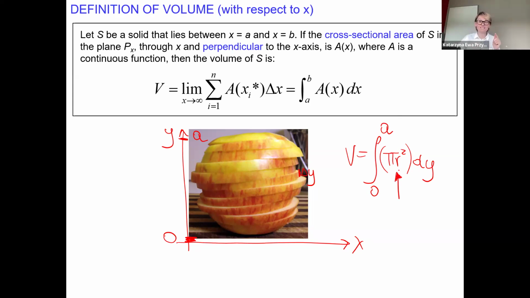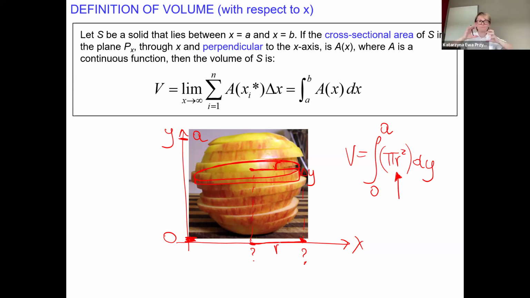But what is important is that the formula for the area of the circle we have to rewrite in terms of y, because everything has to be in y. If this is a circle, I don't know if I can draw it. It's like a circle. That means we will need that radius r, from this point to maybe this point. That is maybe a challenge.